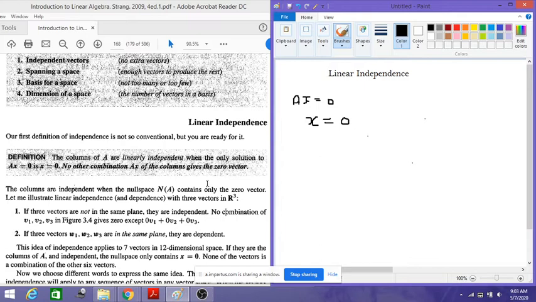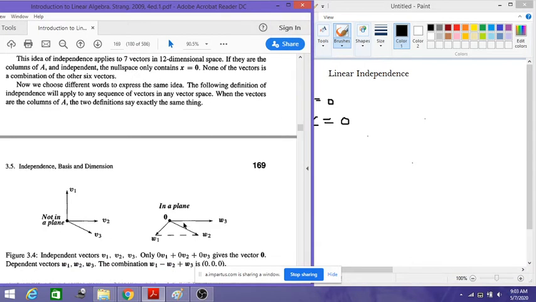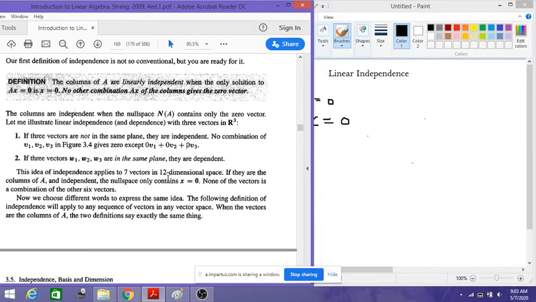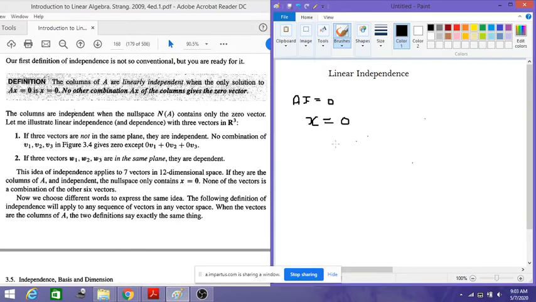We took an example of the diagram with three vectors v1, v2, v3 in different planes. They are independent, and we cannot find any combination of them. The only way to get a combination is to multiply all these vectors by 0 so that we get to a common point, the 0 vector.